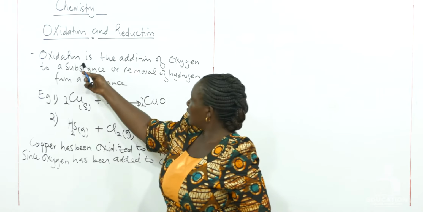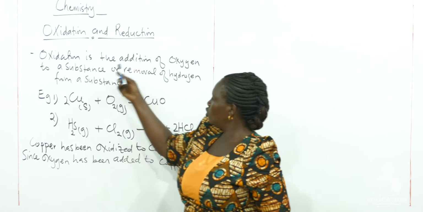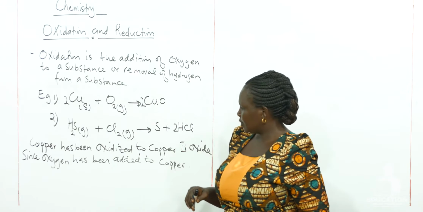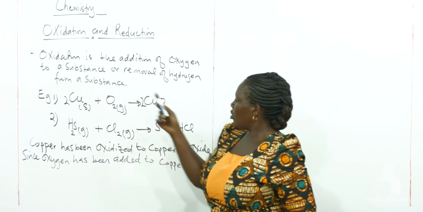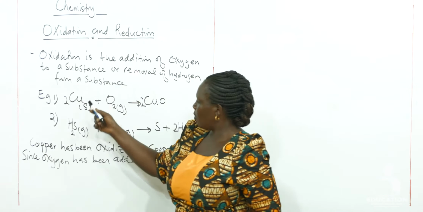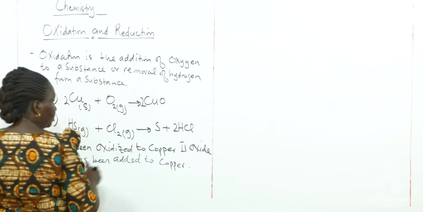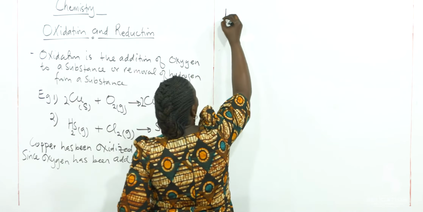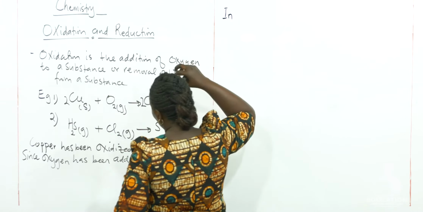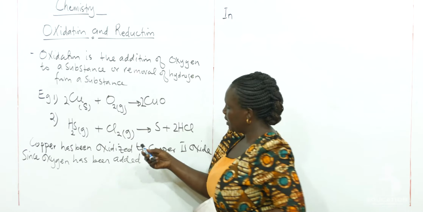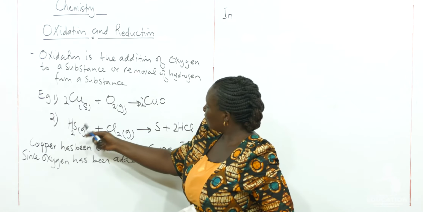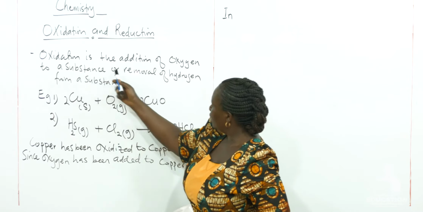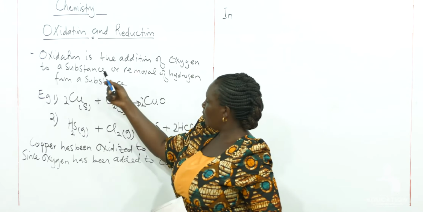As we said, oxidation is the addition of oxygen to a substance. So with addition of oxygen to copper, copper changes from copper metal to copper 2 oxide. Then in reaction 2, sulfur has been oxidized, because oxidation is removal of hydrogen from a substance.